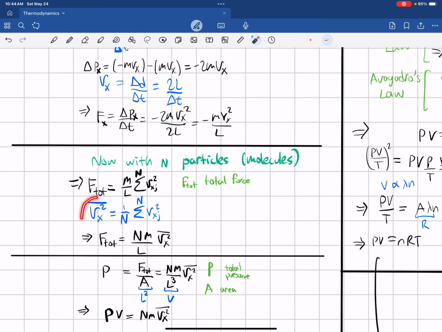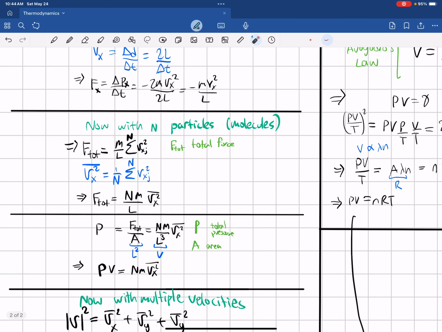We also can define the average, which we put a bar over vx squared, is 1 over N times the sum up to N of vxj squared. So we can actually plug this into this equation, and you can see that these terms are the same. We'll just need to put N on top here, so Nm over L. So that's the total force.